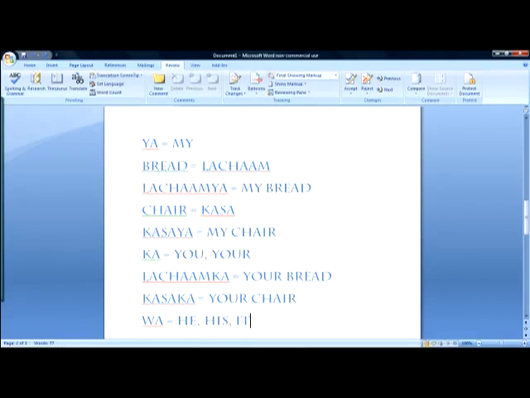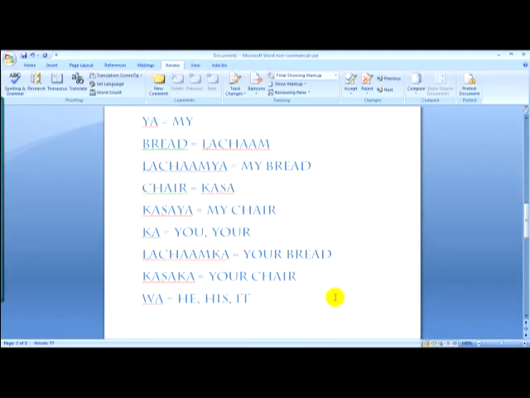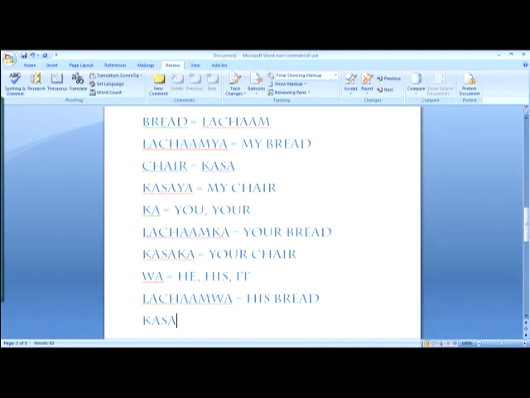Alright, now let's deal with his bread. Lacham wa, which means his bread. And then you have, once again, kasa wa, which means his chair. Now keep in mind, sometimes that letter wa could be it at the end of a word.